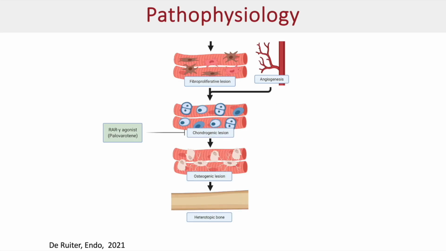And further down the pathway, once there's been angiogenesis and a fibroproliferative lesion has formed, there's the opportunity to intervene in the transition from a chondrogenic lesion to a bone lesion by using a retinoic acid receptor antagonist, such as palovarotene. So there are many opportunities to intervene in this very complex bone formation pathway.